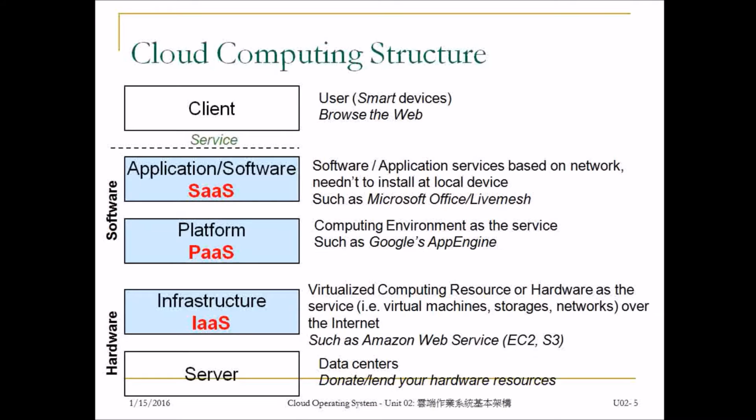Based on the IaaS infrastructure, the second layer, PaaS, platform as a service, can be provided to our client user. The computing environment can be the service provided to the customer.